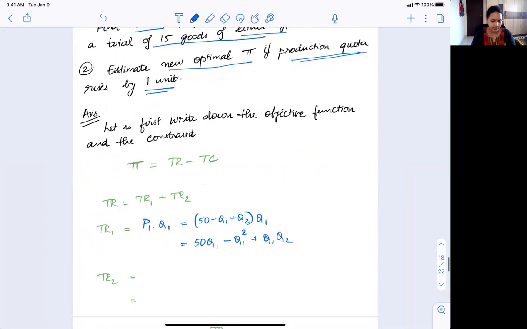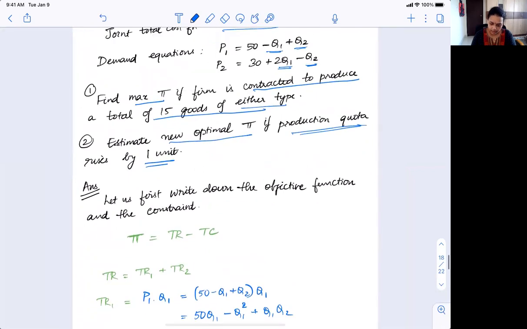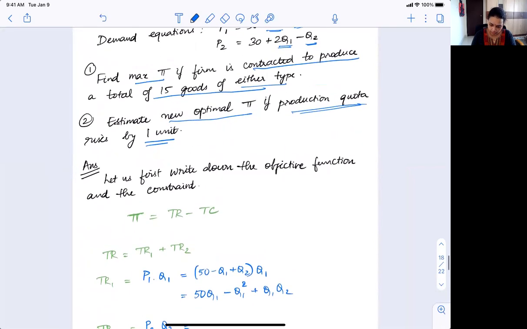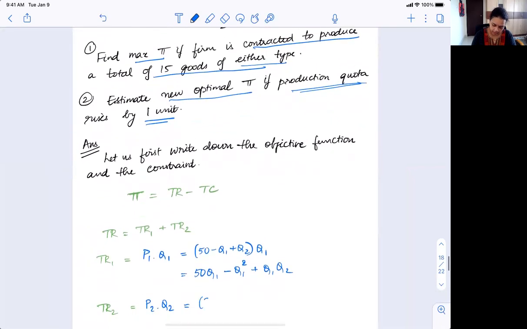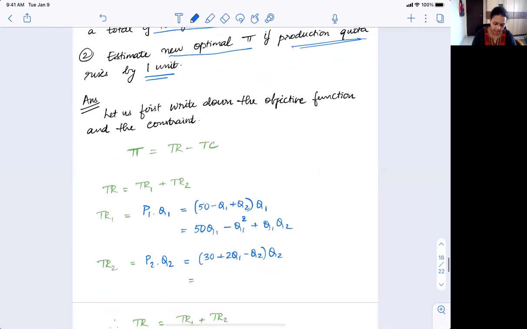Okay, so that was the revenue for the first one. Let's get P2 Q2, which is total revenue for the second good. This is going to be 30 plus 2Q1 minus Q2, times Q2. So we have 30 Q2 plus 2Q1 Q2 minus Q2 square.